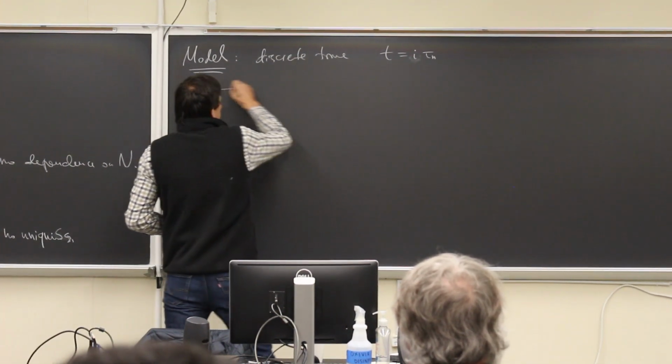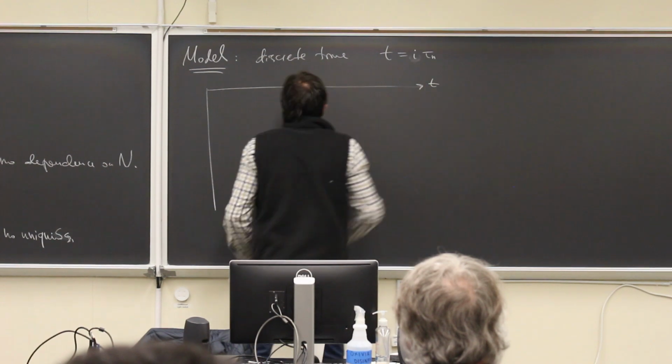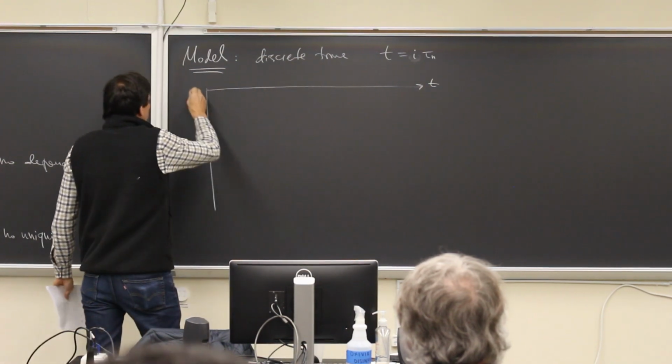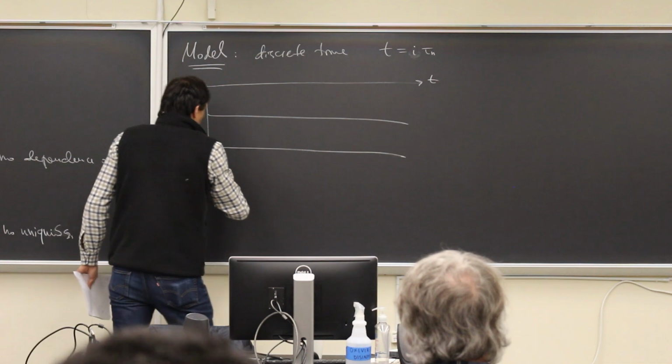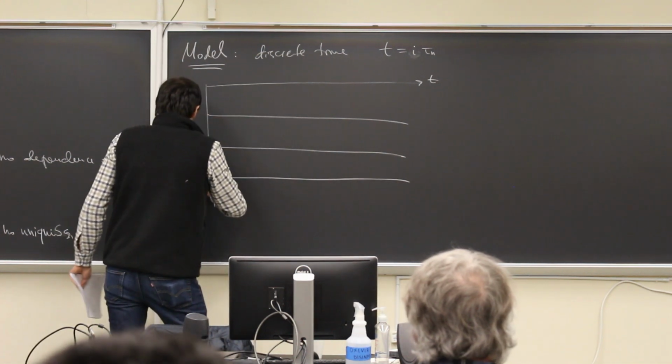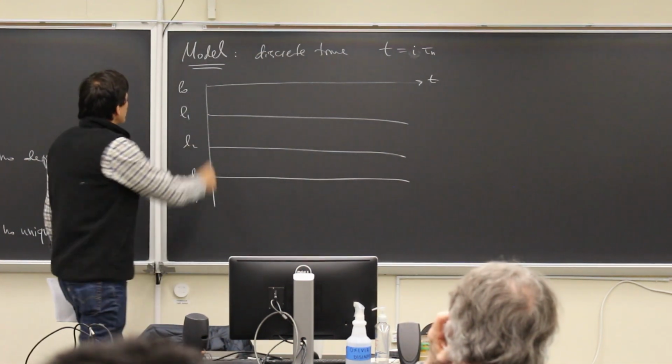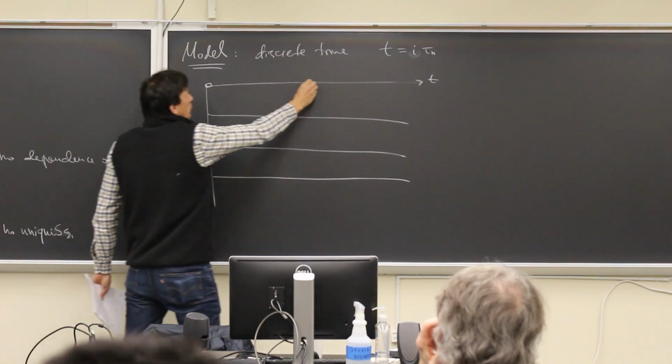So that means that our space has time in one direction, and here we will put scales L0, L1, L2, and so on. At the largest scale, our time step will be 1.